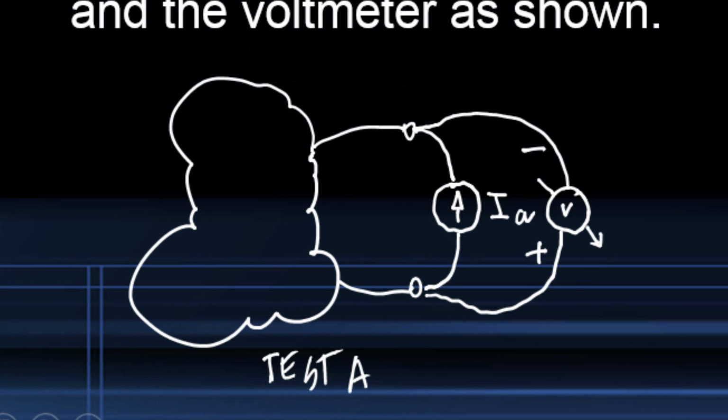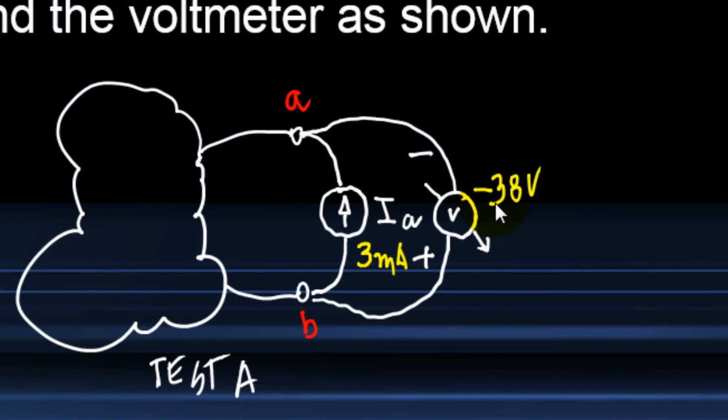For the first test, he connected the current source IA right side up, flowing from B to A, and the voltmeter upside down, with the black probe on A and the red probe in B. The values were 3 milliamps applied right side up, and he measured in the voltmeter that is connected upside down negative 38 volts.